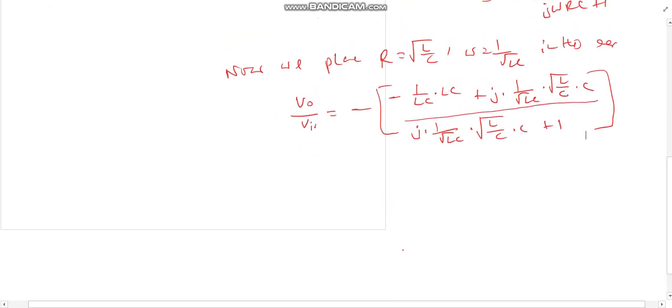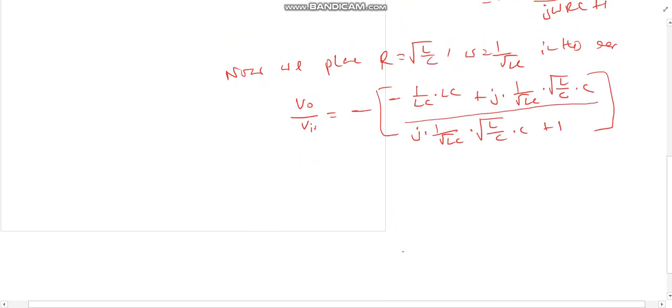LC cancels out, so minus 1 plus j in the numerator and j plus 1 in the denominator.